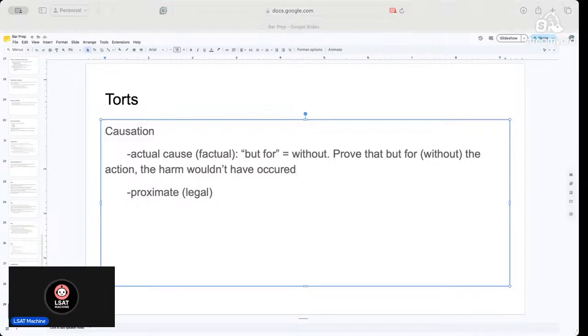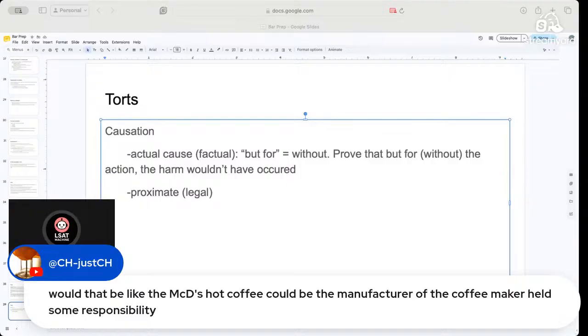Yes. CH, would that be like the McDonald's coffee, where the manufacturer of the coffee maker held some responsibility? Yes, that's exactly right. And that's actually such a good example because that's why there's two types of causation you have to prove.